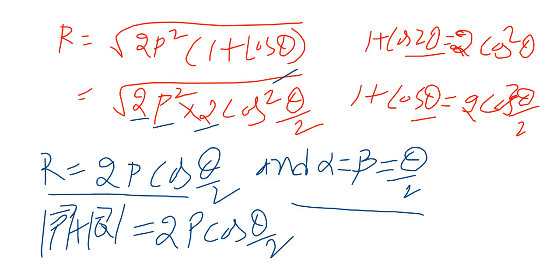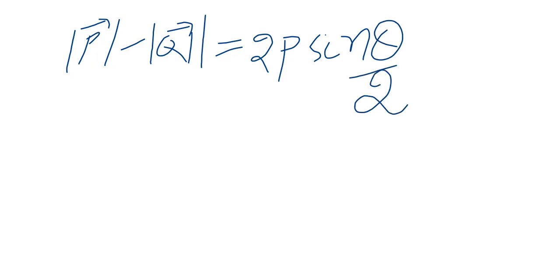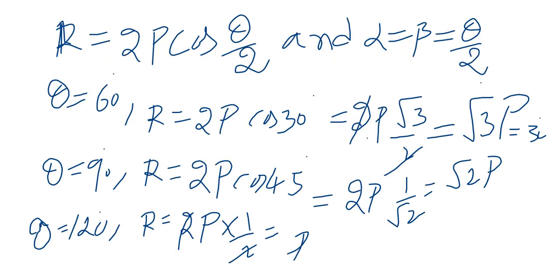Another one is modulus of P bar minus modulus of Q bar is equal to 2P sin theta by 2. This is another formula, 2P sin theta by 2. So these are all the important cases in the parallelogram law of vectors.